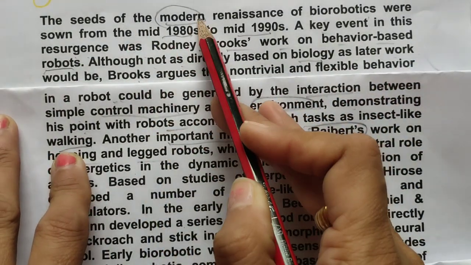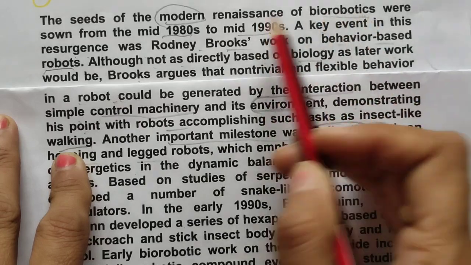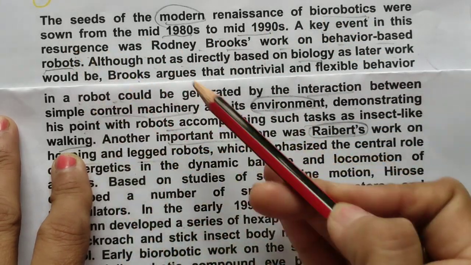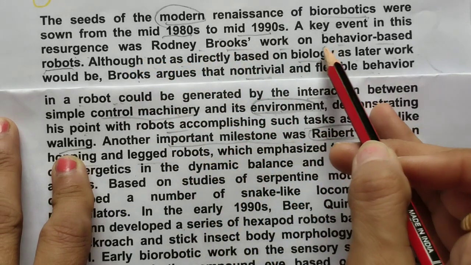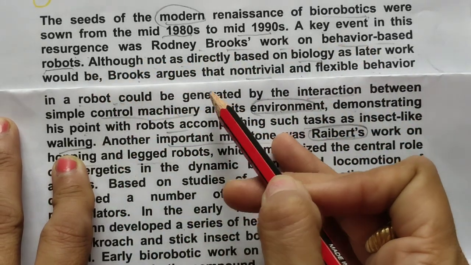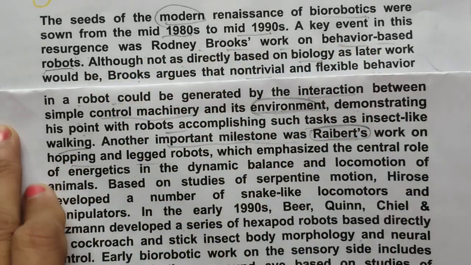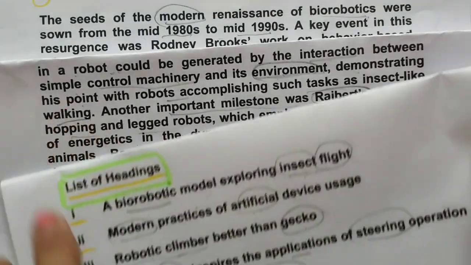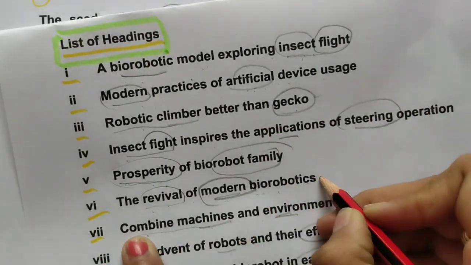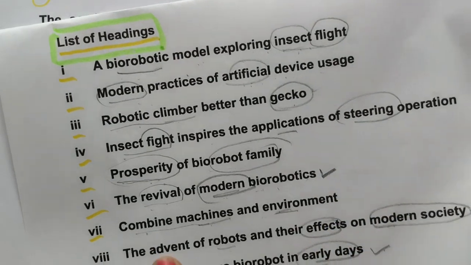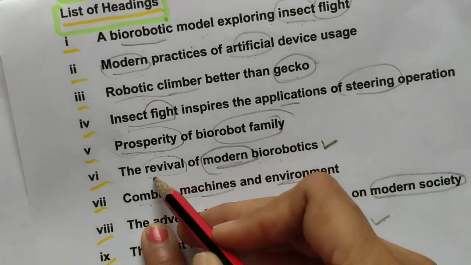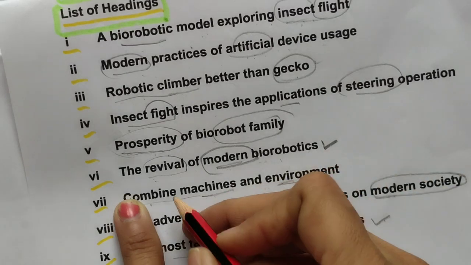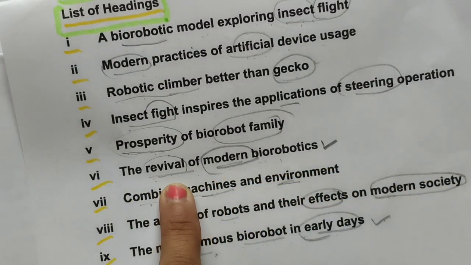The seeds of the modern resurgence of biorobotics were sown from this, and a key event in this resurgence means reoccurrence or revival, work on behavior-based robots. Okay, so we can just select this. Initially I will select this one, or if something is better matching with number 6, then we can go with this. Otherwise 6 is better, the revival of modern biorobotics.